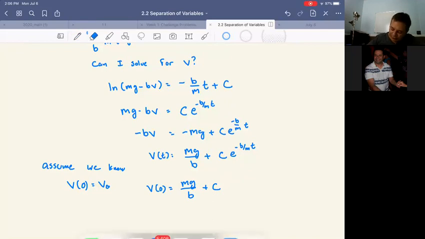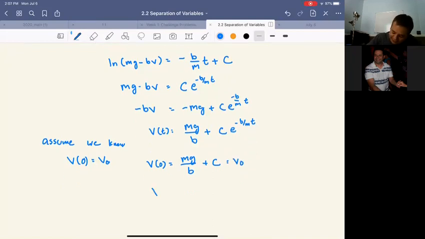And that equals our v0 that we know. So v sub 0 equals mg over b plus c, so c equals v sub 0 minus mg over b.